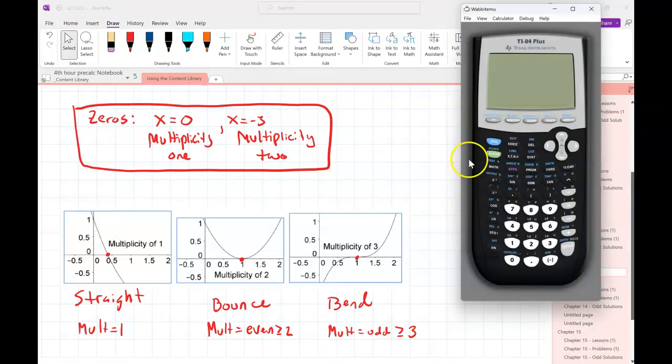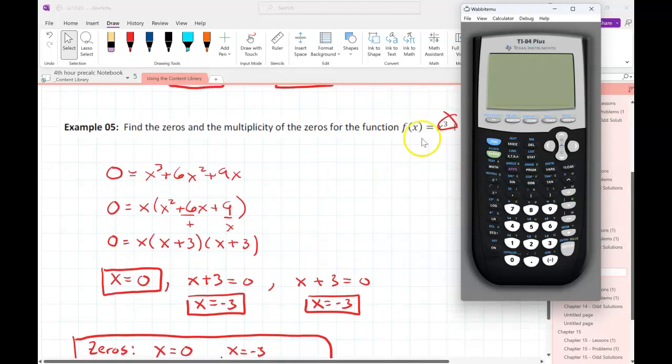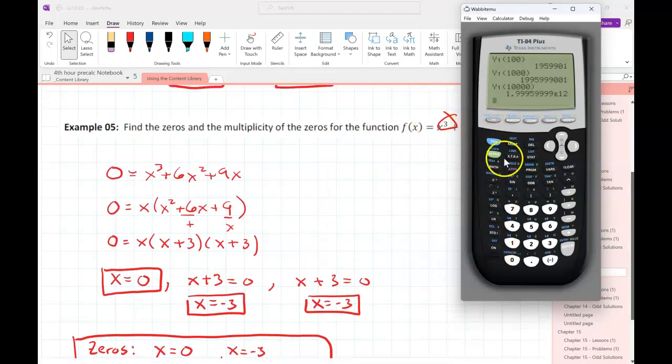So if we go back and we looked at this function that we just had, x cubed plus 6x squared plus 9x. And I graph that. Notice here I have my bounce at -3.